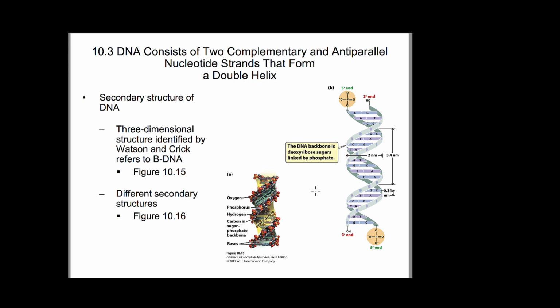The two, what we call polynucleotides, those are the two strands of DNA, they run in opposite directions, therefore they are considered anti-parallel. The B structure right here that you see, the B DNA, is a right-handed helix, which has approximately 10 bases per turn. Okay, and then you have these spaces between the backbones as it is turning. You have what we call the minor groove and the major groove.